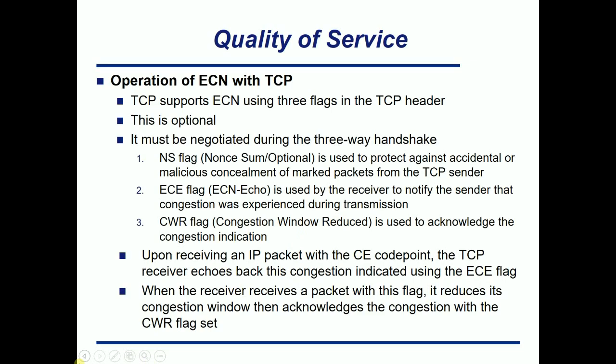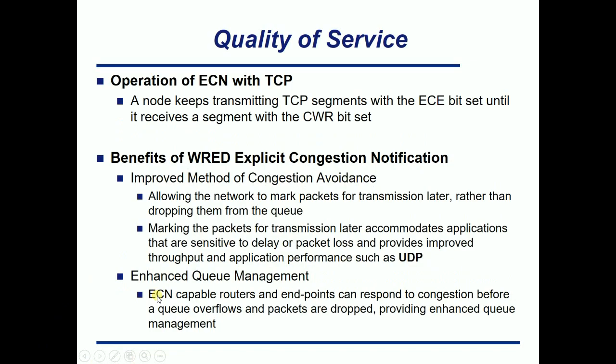I'm going to let you through, but I need you to tone down how many packets you're sending. And the endpoints acknowledge it, and then now we're good to go. A node will keep transmitting TCP segments with the ECE bit until it receives that CWR acknowledgement bit. So that should be a very quick transaction, but it'll do it until it receives that acknowledgement.